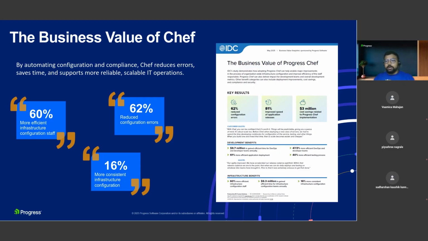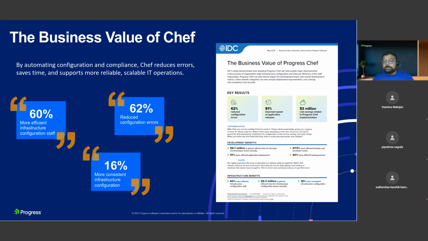IDC recently conducted a survey to understand the business value that organizations receive after using Chef. IDC interviewed 5 customers who are using Chef and came up with this report independently. They even mentioned in the detailed report that there is one customer who receives value worth $22 million per year from a Chef deployment. Yes, you heard the number right, $22 million.